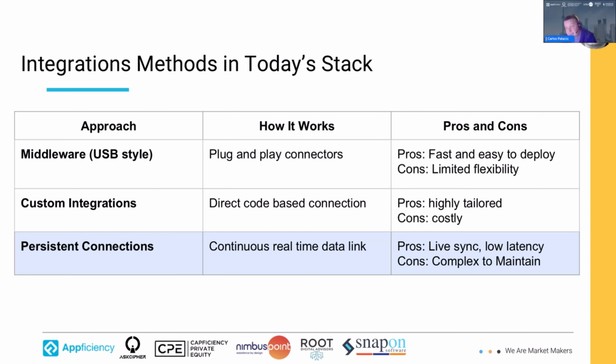We have the persistent connections and continuous real time, fantastic to get the information that you need, low latency, real life data. The con of this is complexity. It requires a lot of expertise to maintain in the long run. And every time that you add something to your technology stack, you need to go and revisit pretty much all that you have done.